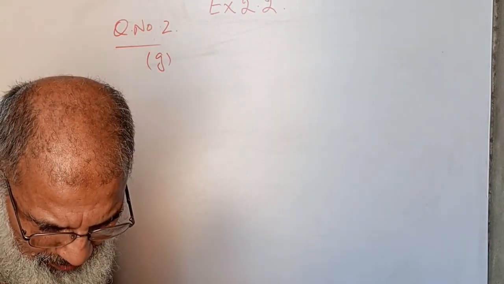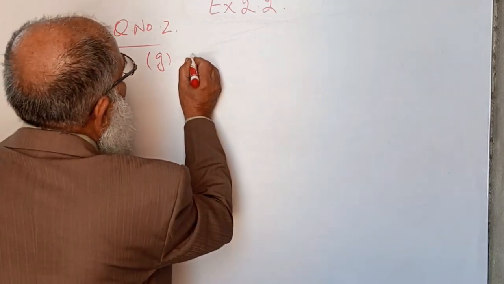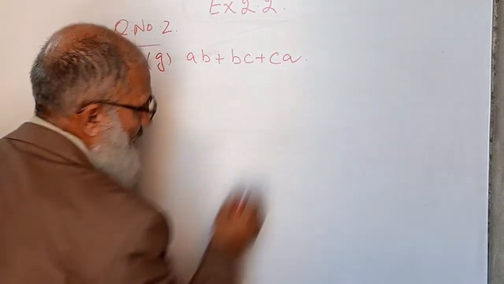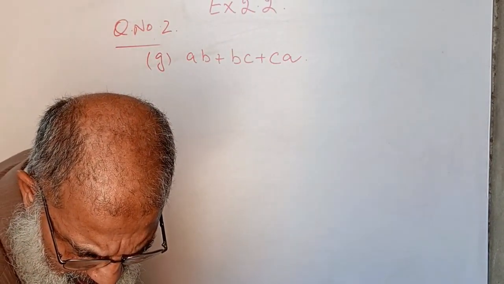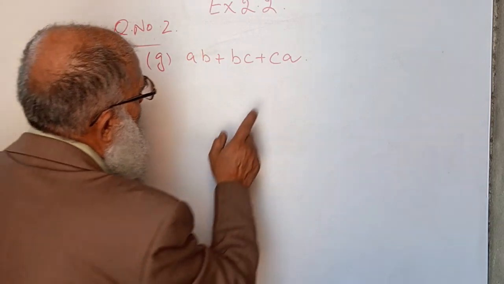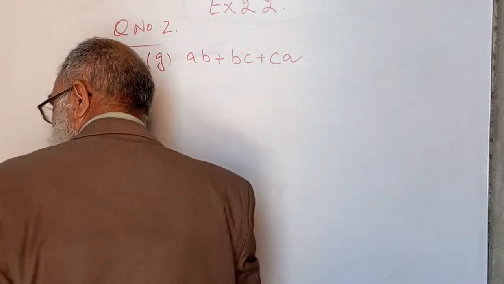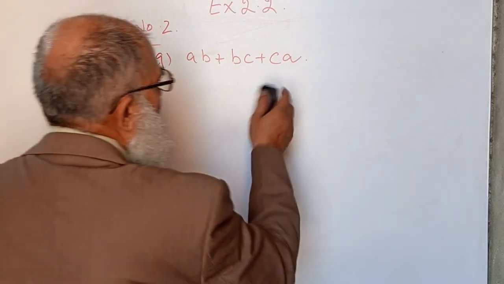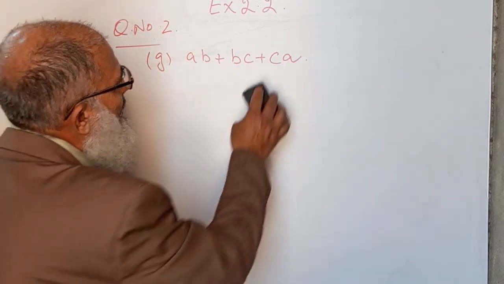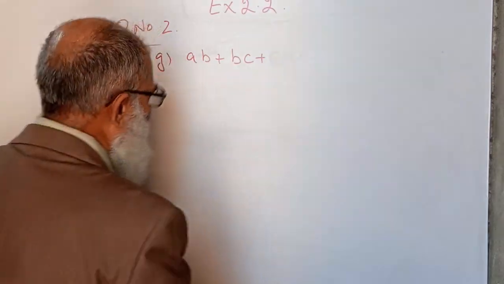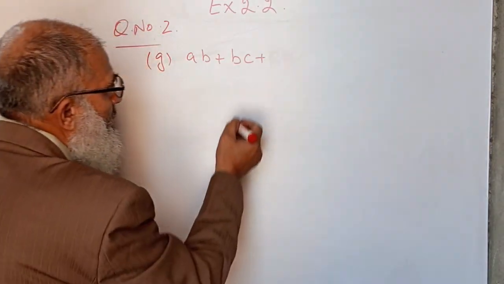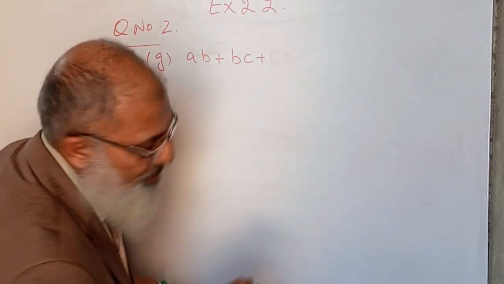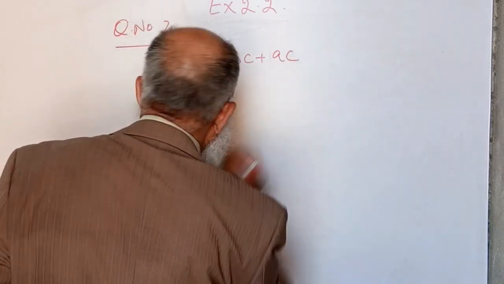Part G is AB plus BC plus CA. In fact, it is written in your book as CA. It does not make any difference, but I have to copy the exact question from the book, and it is AC.